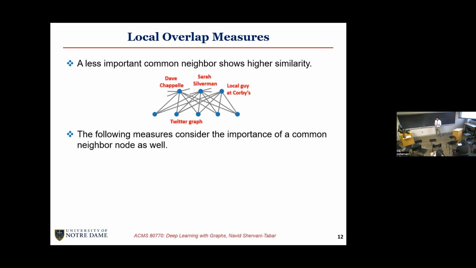So these measures normalize our function, which is the number of shared neighbors, based on the size of the local neighborhood. But the issue is that not all nodes show the same measure of similarity between two different nodes.